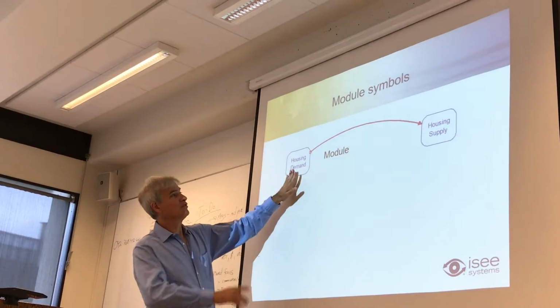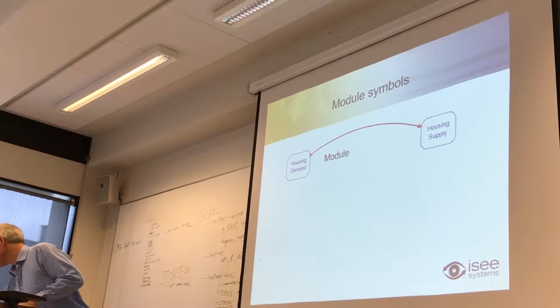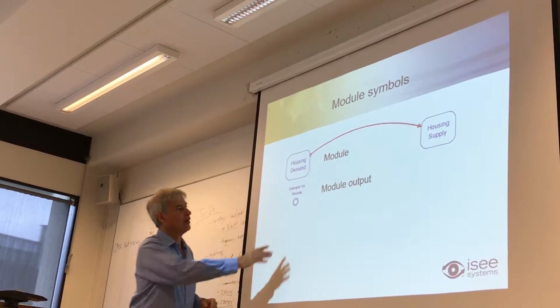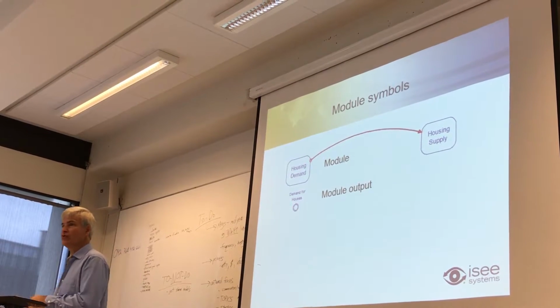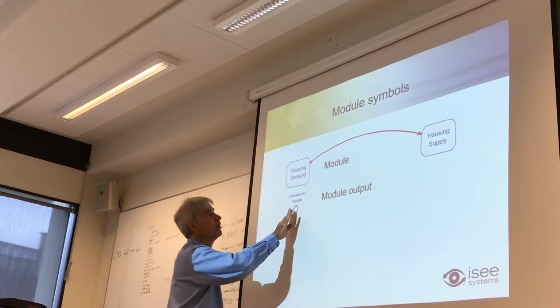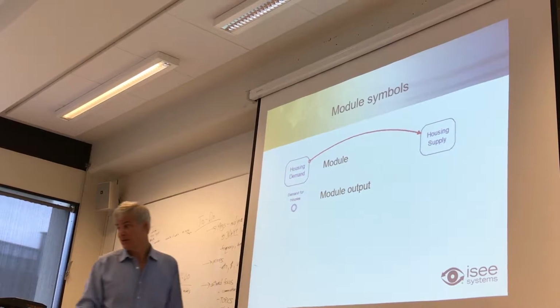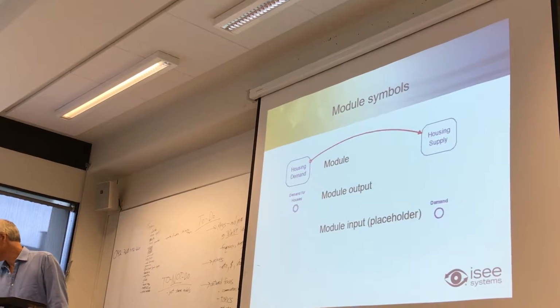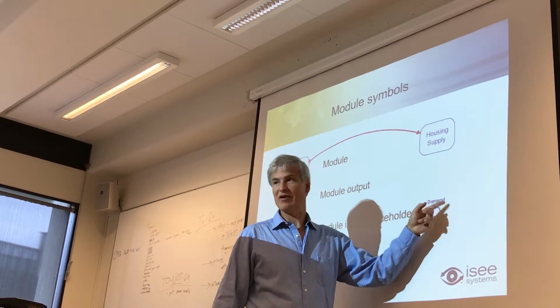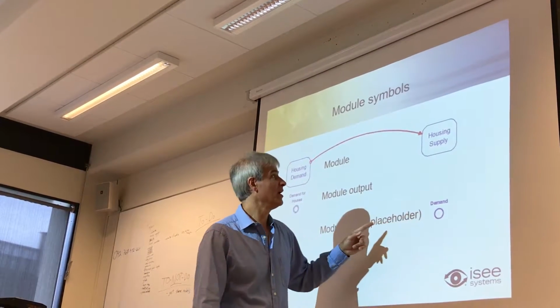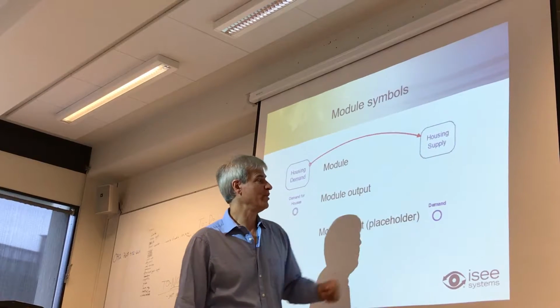Okay, so this is a module symbol. This is a module output. It has a circle in it that says O for output. So that's something that goes out of here and into there, or anywhere else you connect it to. We have a module input that's a placeholder, which is a heavy line. It says you want to do something with this, and that's in here at that point.